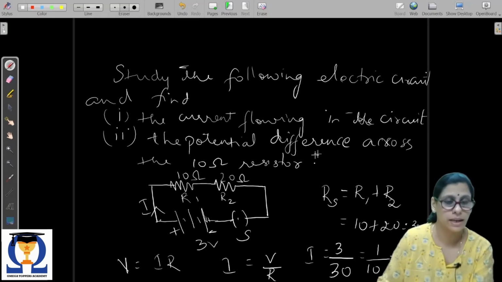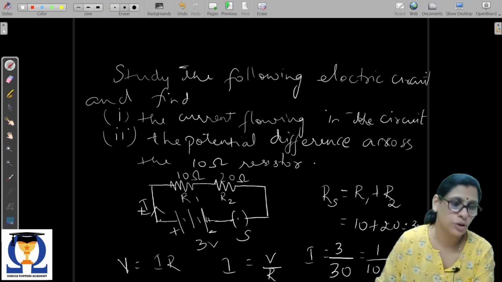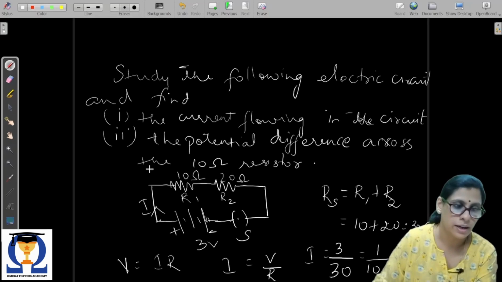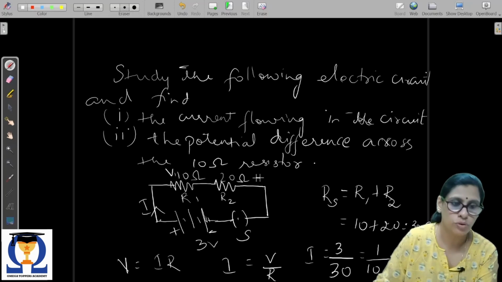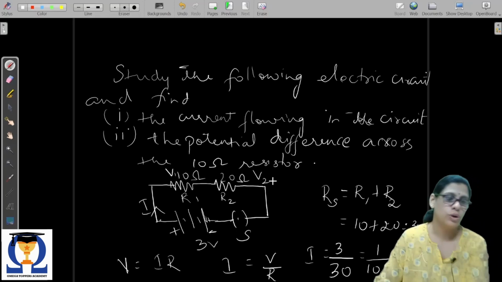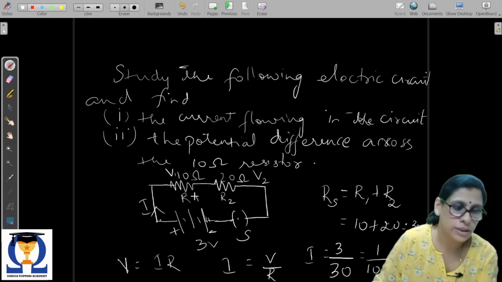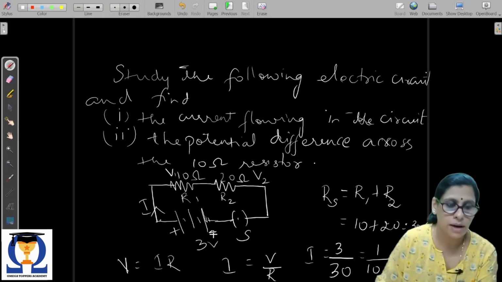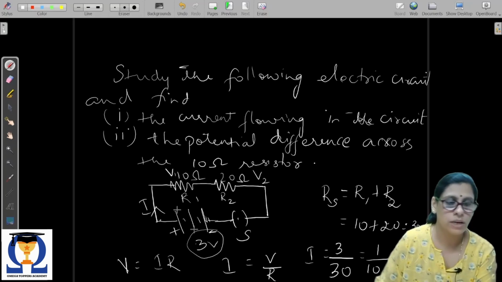Next, coming to the second part. In a series connection of resistors, the voltage splits up into V1 and V2. So the voltage across the 10 ohm resistor is not the same as the source 3 volts.